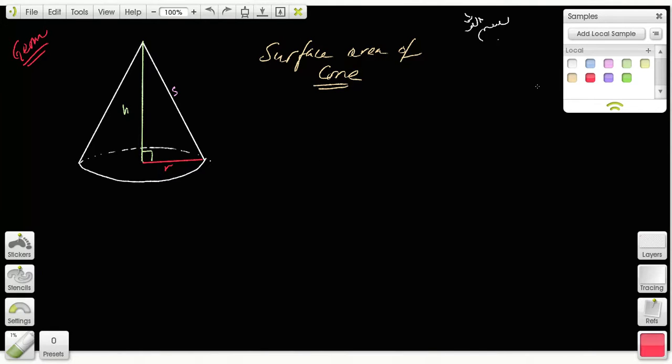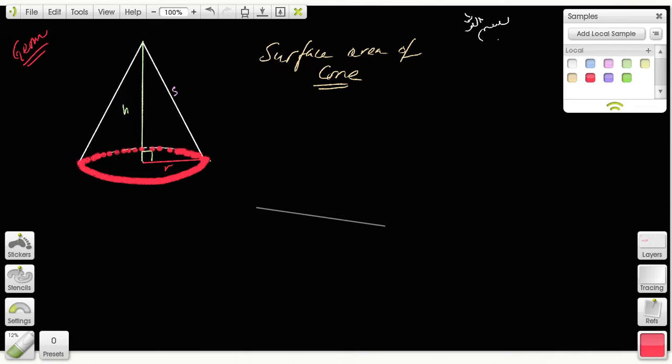this. Now, to illustrate this, I'm going to make this bottom circle red, like this. So when you open this up, what you get is this.